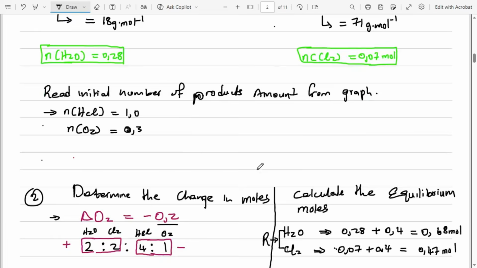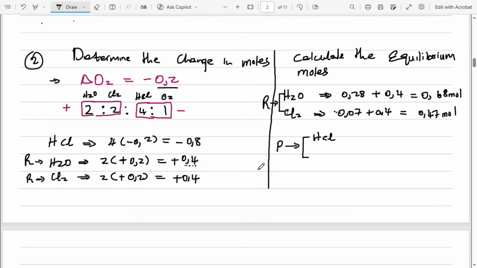You take the 1, move it down here, and minus 0.8, because the change in mole was negative. That's why we are subtracting.